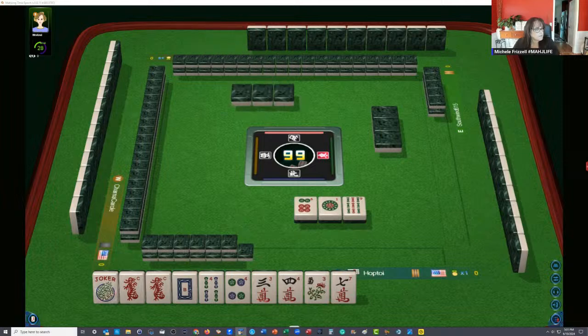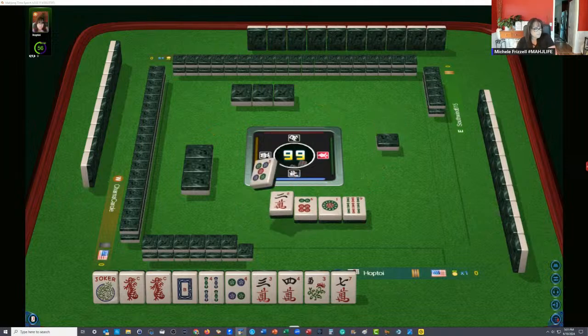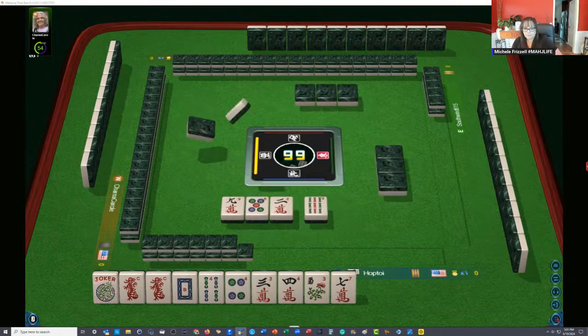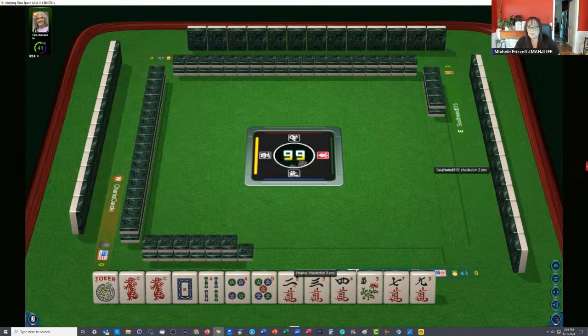Let's see. Pardon me. No keepers here. There is some consecutive in here. 2, 3, 4. We definitely want to keep going. We have 2, 3, 4.